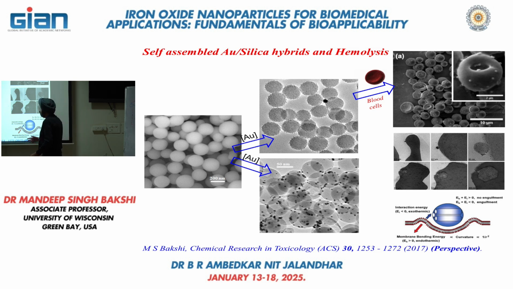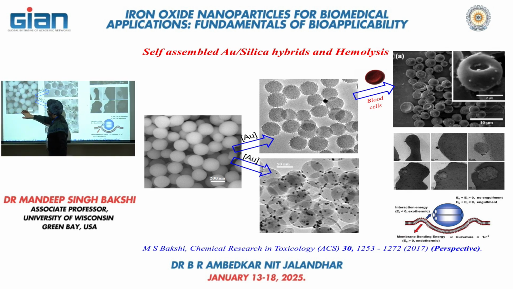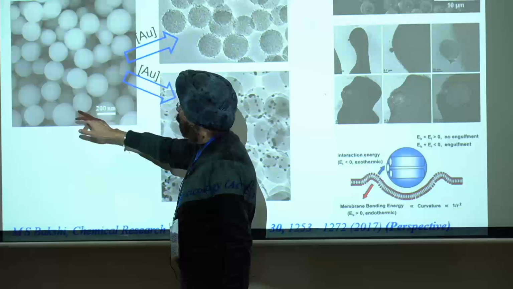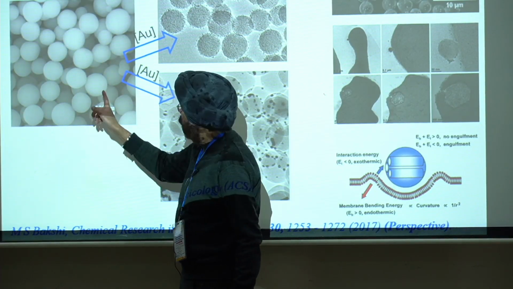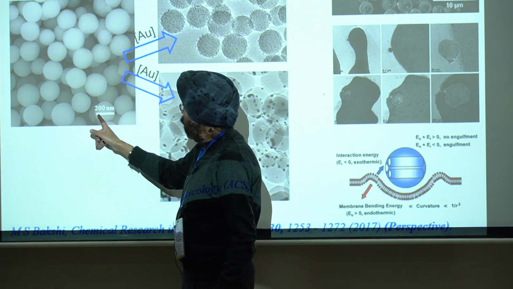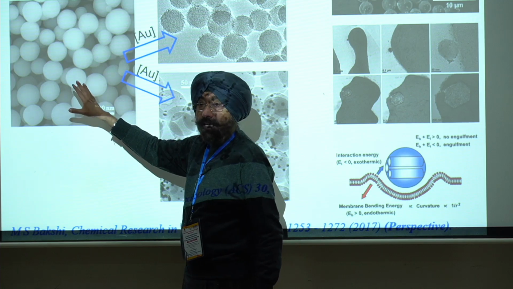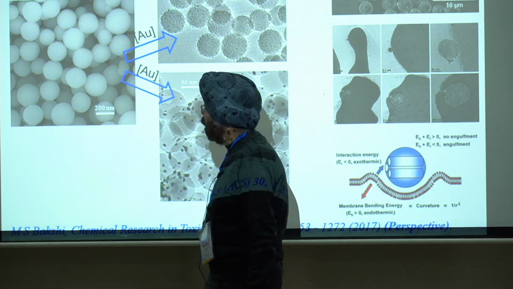You know the silica spheres. So these are the silica spheres. Over here, this is a scanning electron microscope image. You see the fine silica spheres, clear, approximately 200 nanometer size, the diameter is close to that.